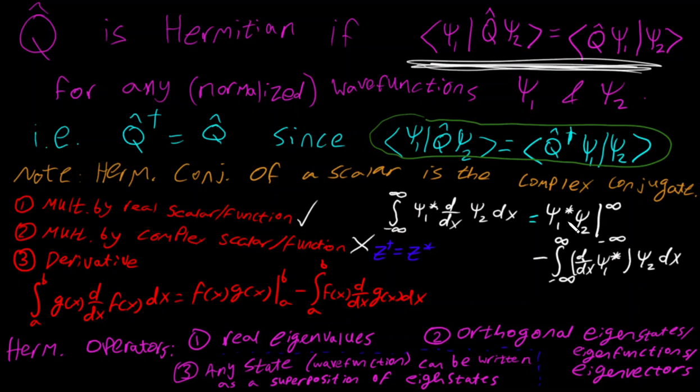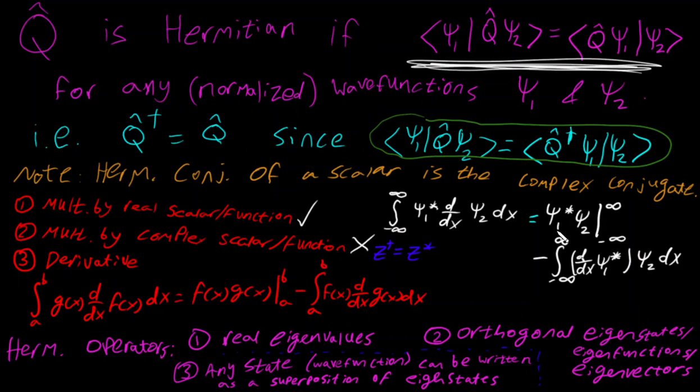Now, first of all, because of normalization, we know that psi 1 and psi 2, and therefore psi 1 star, have to go to 0 at negative infinity and infinity, right? Because they're normalized. And remember, this is the definition for any normalized wave function. That's the Hilbert space that we're working on. We're working with normalized wave functions.